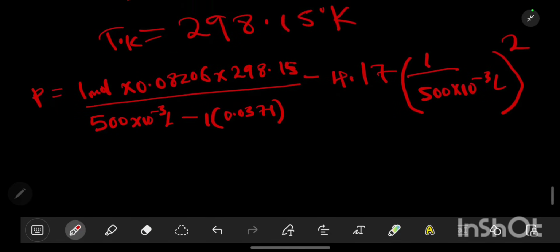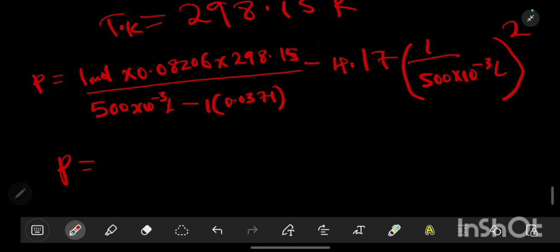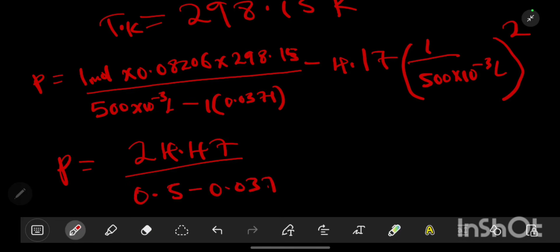Then we square this. So we are going to have the pressure equal to 1 times 0.08206 times 298.15. Then we divide, on top we are going to have 24.47. We divide by 500 times 10 to the power of negative 3, which is going to give us 0.5, minus 0.0371.